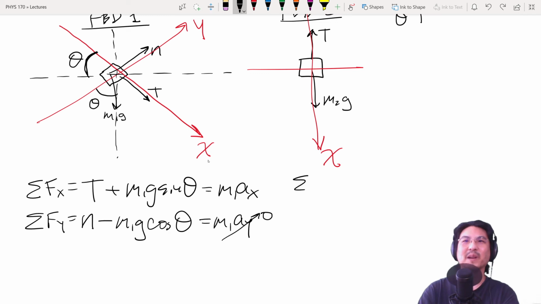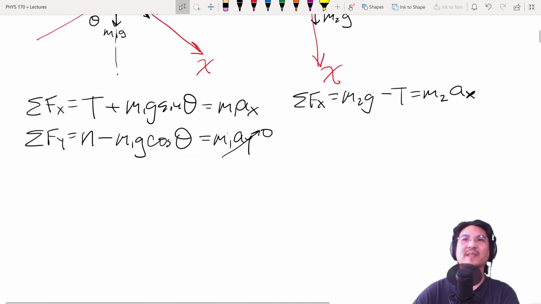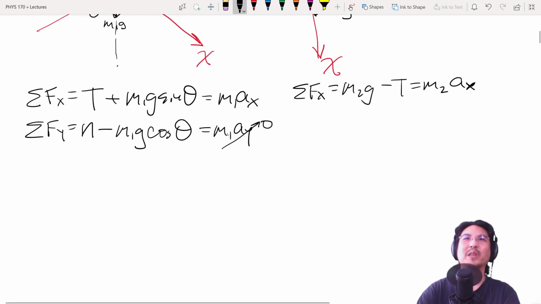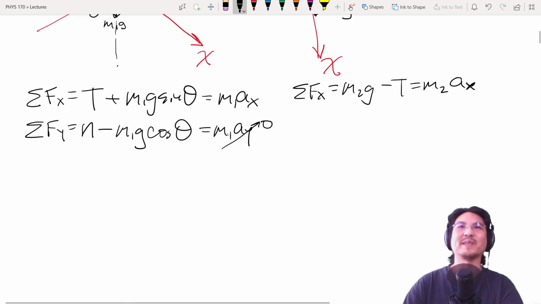Okay, now block 2, x, so this is positive, and that's negative. Mass times acceleration. And then nothing's happening in y. Okay, so let's say we know both masses. Like we're given the mass of each block.